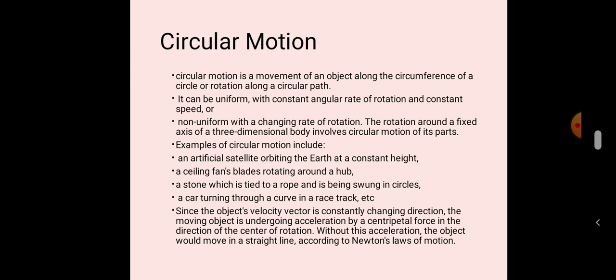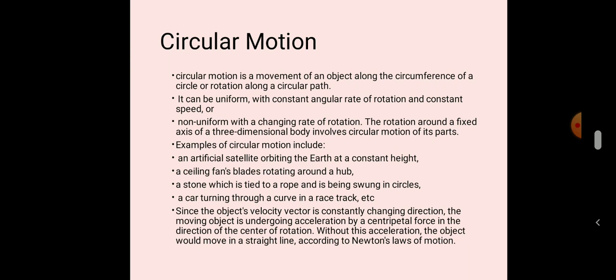For example, an artificial satellite orbiting the Earth, a ceiling fan's blades rotating around a hub, a stone tied to a rope and being swung in circles, a car turning through a curve in the racetrack, etc. In these examples the objects move along the circumference of a circle, or the path traversed by them is circular.